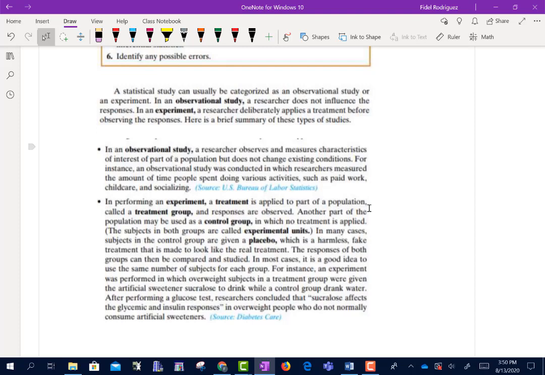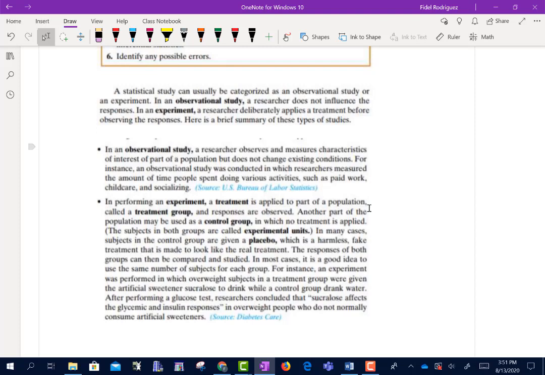Okay? In an experiment, a treatment is applied to a part of the population called a treatment group. Responses are observed. Another part of the population may be used as a control group in which no treatment is applied. The subjects in both groups are called experimental units. In many cases, subjects within the control group are given a placebo, which is a harmless fake treatment that is made to look like the real treatment.